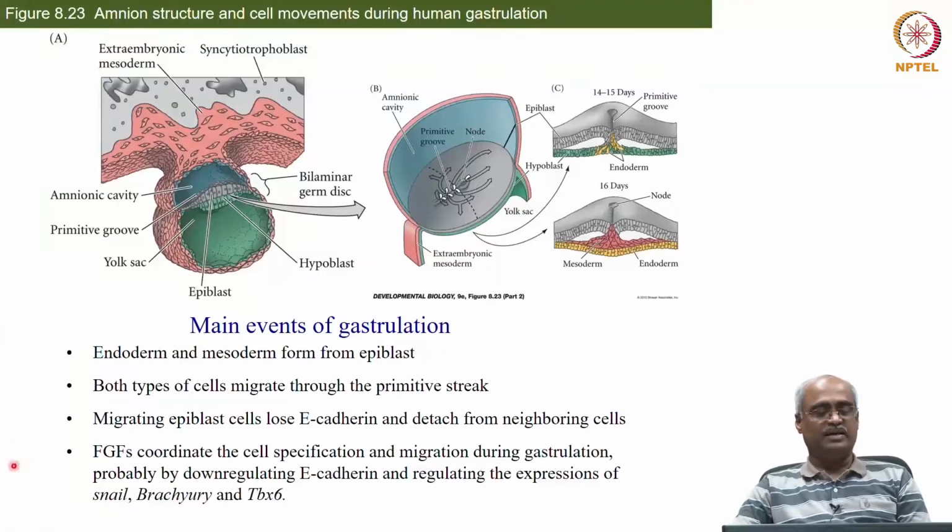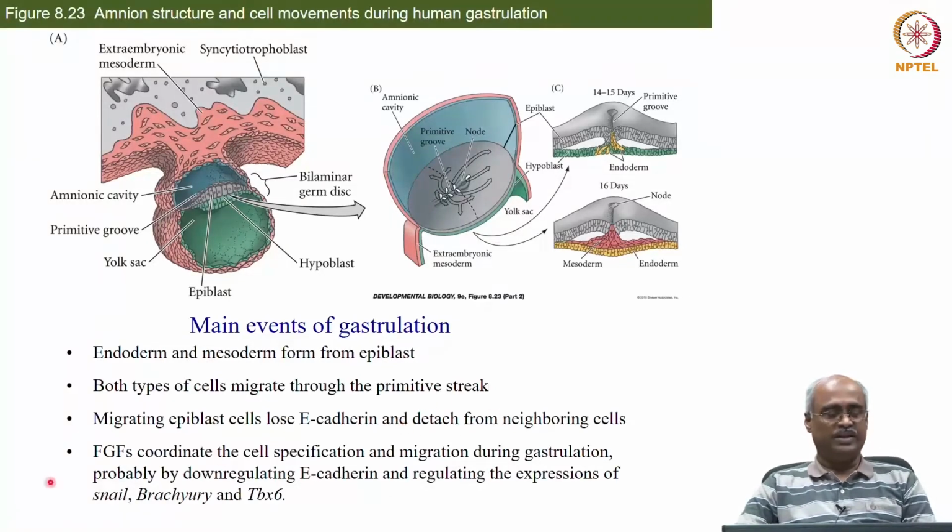These cells are actually epiblast cells, and some of them lose E-cadherin expression, and therefore adhesion is lost and they become migrating epiblasts. They detach from the neighboring layers of cells and then migrate down. An important signaling pathway that regulates this is FGF.